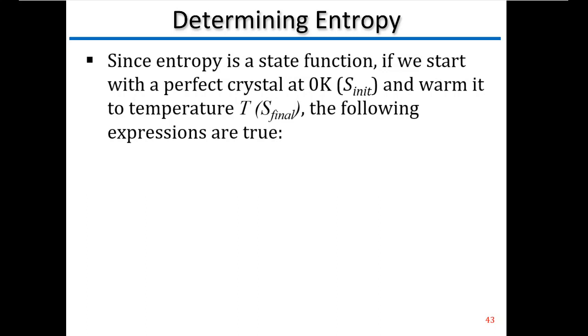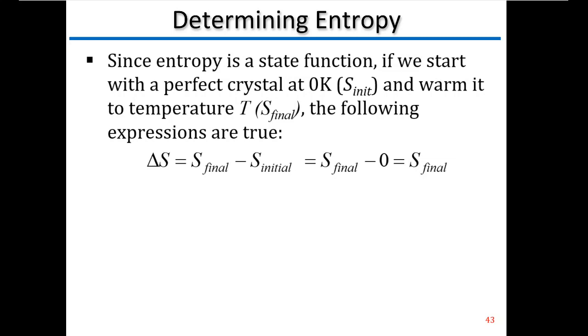And here again, since entropy is a state function, if we start with a perfect crystal at 0 Kelvin, so initial entropy, and warm it to temperature T, S final, the following expressions are true. So we can say, just our state function, delta S is equal to S final minus S initial. Nothing surprising there.